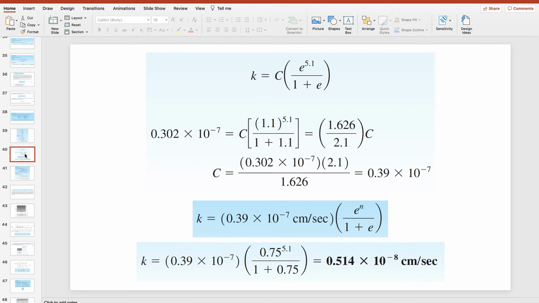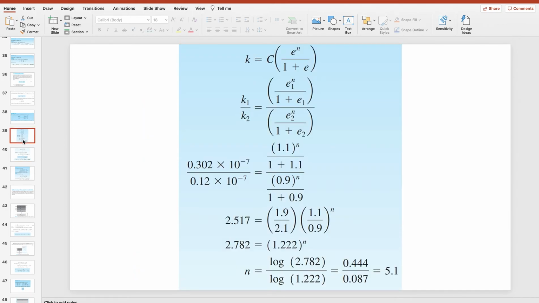Okay. Dito kasi nag-cancel yung C. Okay? Don't get confused.